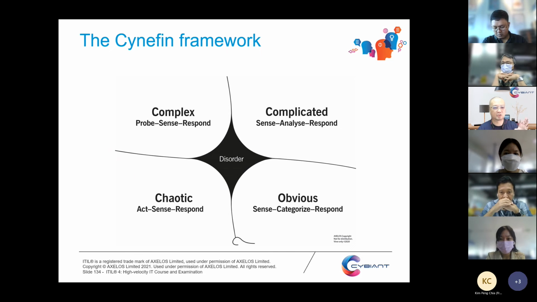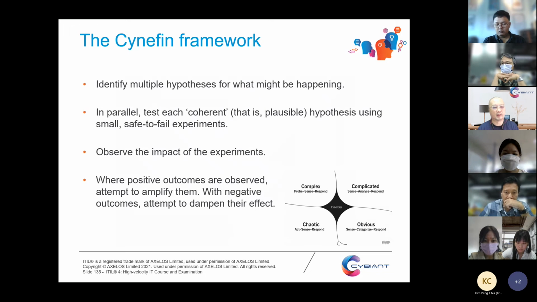So let's look at the definition of what the Cynefin framework is. This diagram is quite complex, so let's go to the definition first and we'll come back to this. It says here, identify multiple hypotheses for what might happen. In parallel, you need to test hypotheses using a small or safe-to-fail experiment, and observe the impact of the experiment.